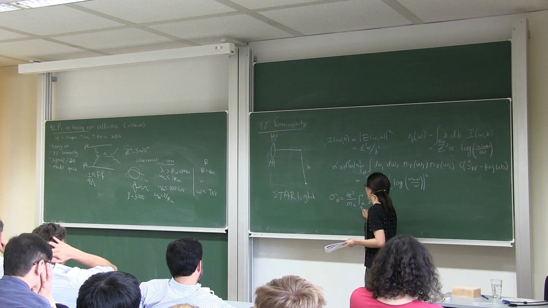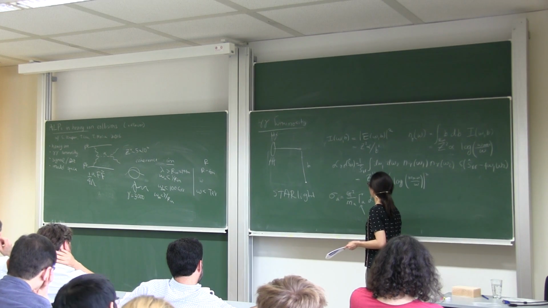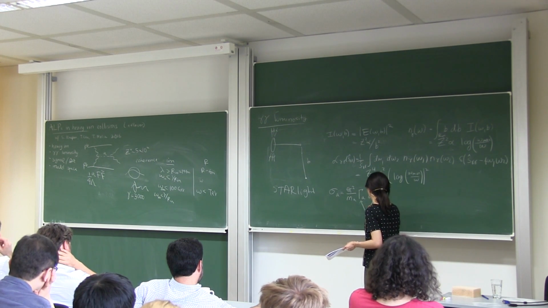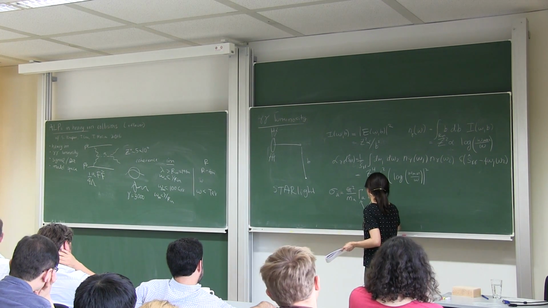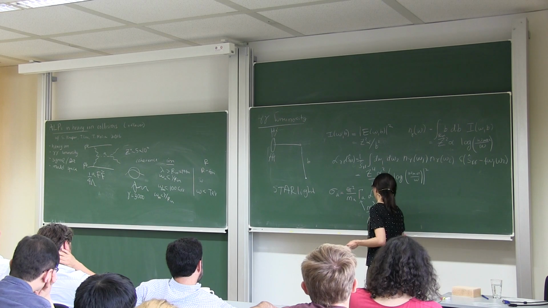And the width of the axion, so this is probably just a familiar rewriting of the usual cross-section of producing some resonance. The width of the axion is something like ma cubed over lambda squared.